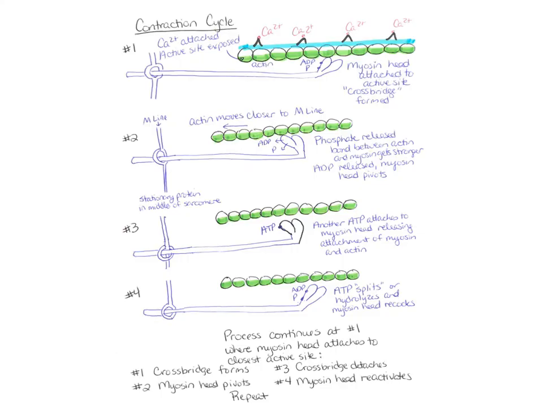So now we're going to talk about the contraction cycle, otherwise known as the sliding filament cycle, otherwise known as the crossbridge cycle. So here we have both the actin molecule and the myosin molecule, and we're going to put them both together. We're starting out where calcium is already bound to the troponin molecule and the active site on the actin molecule is already exposed.